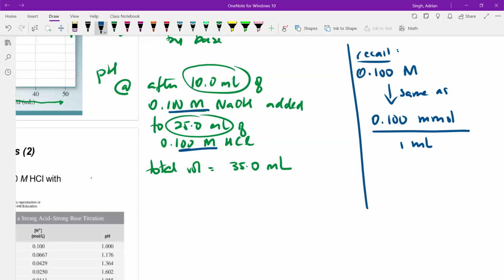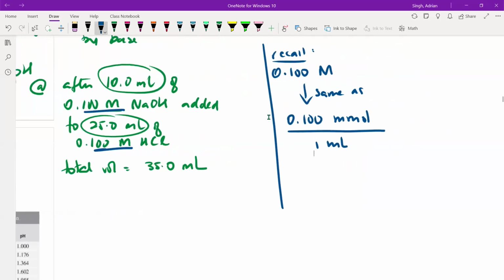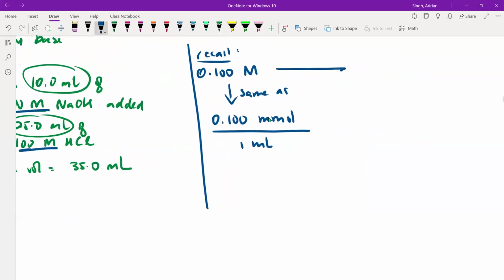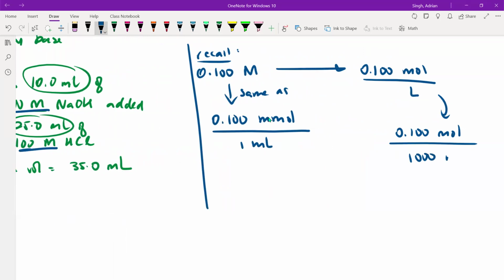Let me just recap what this means. 0.100 molar means 0.100 moles per liter, which is the same as 0.100 moles per 1,000 milliliters.